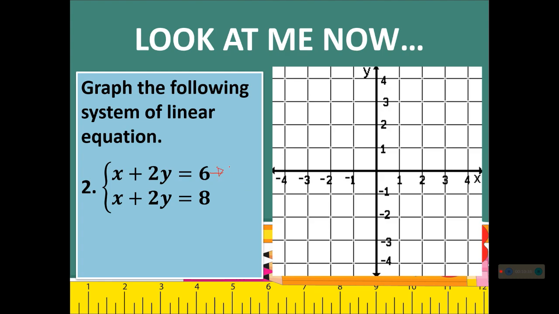So we are left here with 2y equals negative x plus 6. Then you are going to divide all the terms of the equation by 2 to eliminate the coefficient of y. So you will obtain the first equation: y equals negative 1/2 x plus 3. So our m here is negative 1/2 and our b here is 3.